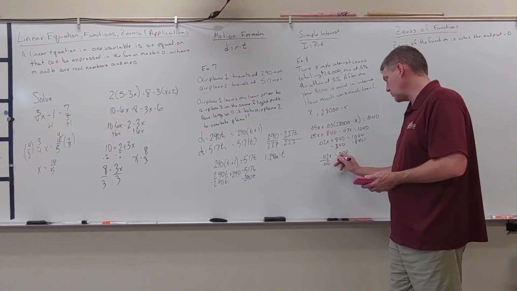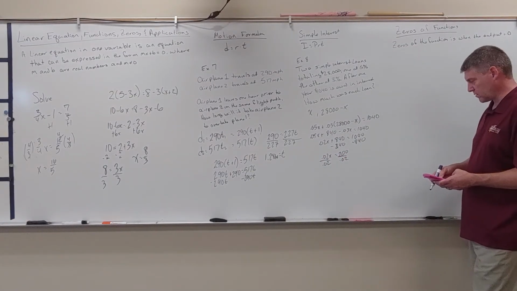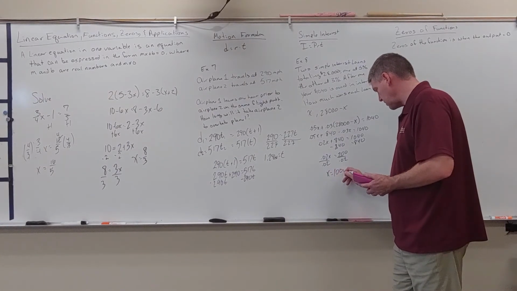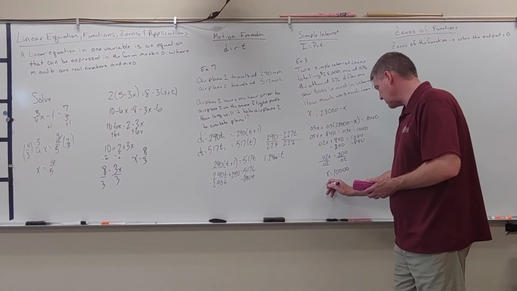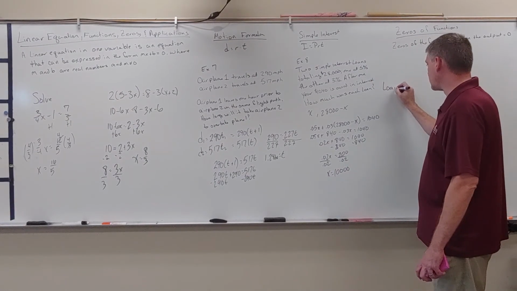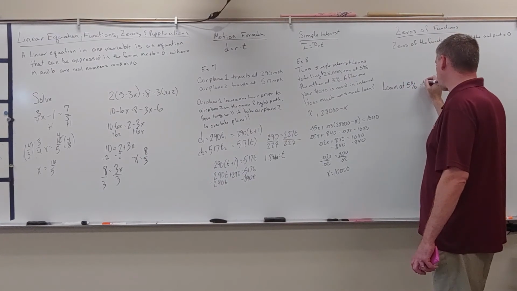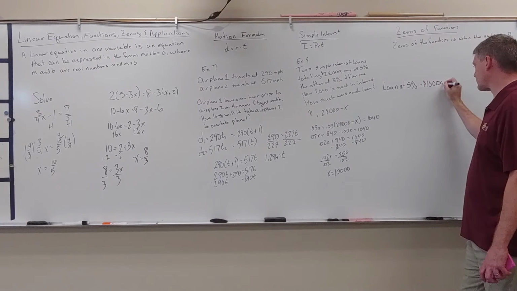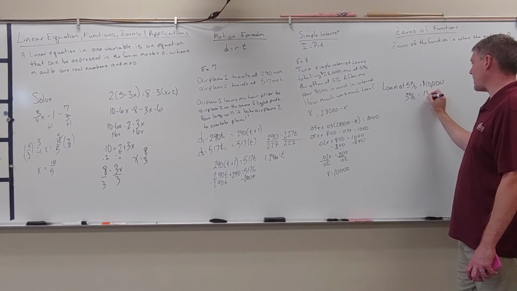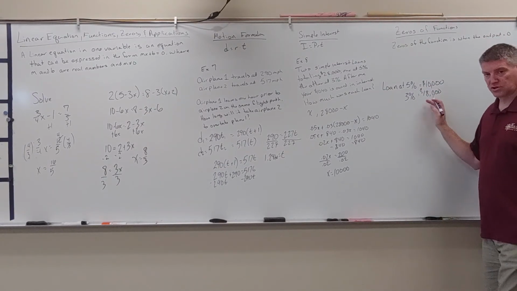Divide by 0.02. And I'm going to get x equals 10,000. So the loan at 5% is equal to $10,000. Okay, the loan at 3% is then going to be $18,000 because they have to add up to $28,000.